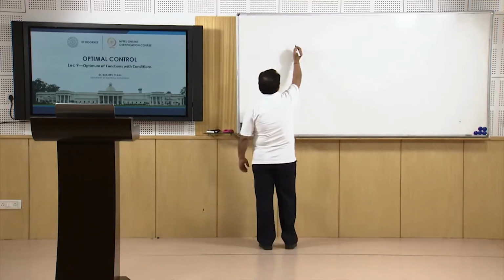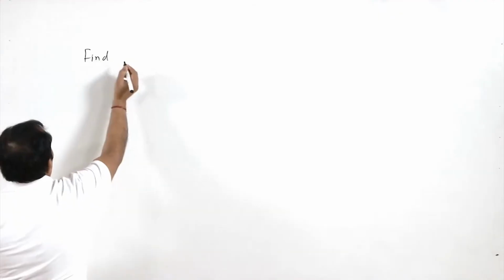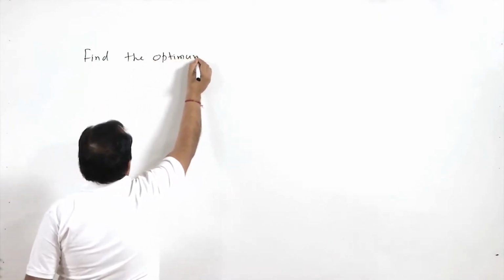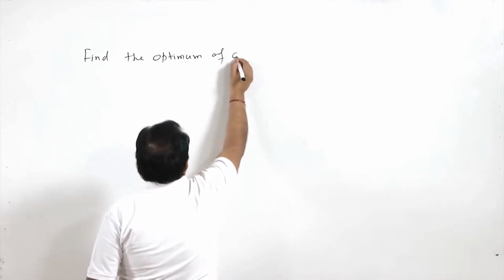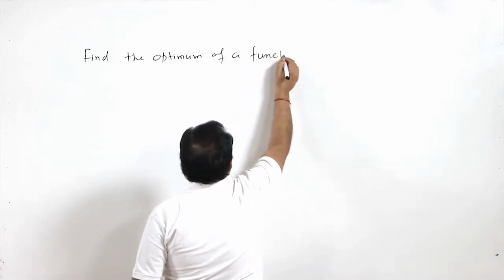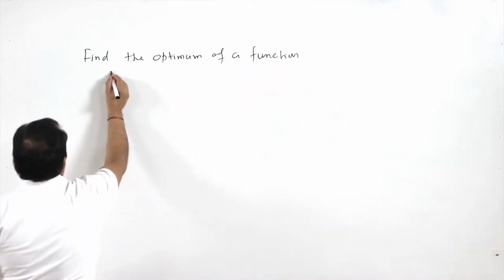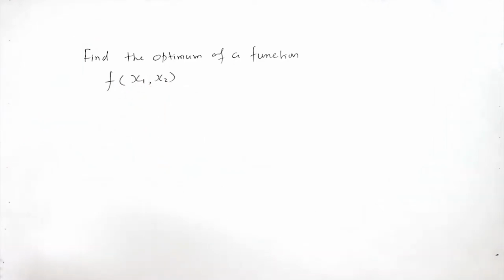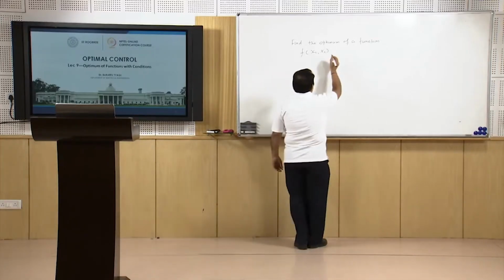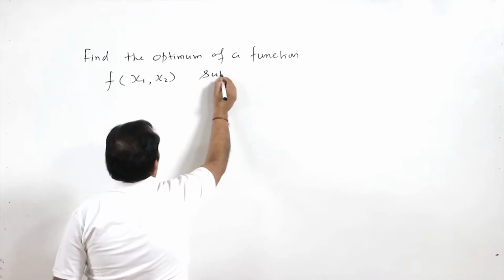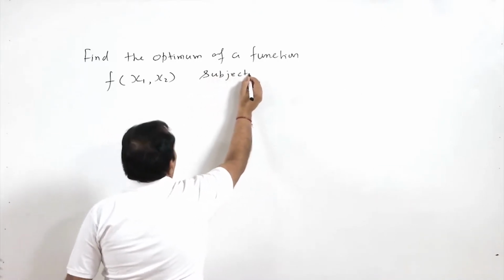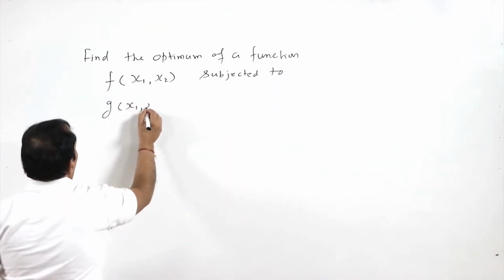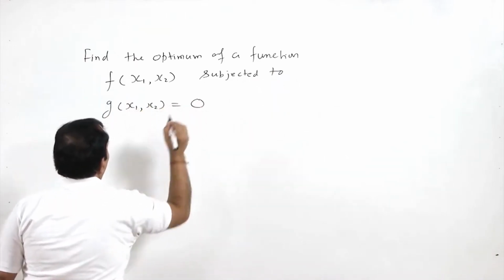Our problem is to find the optimum of a function f, which is a function of the two variables x1 and x2, and this is subjected to the condition g(x1, x2) equals 0.